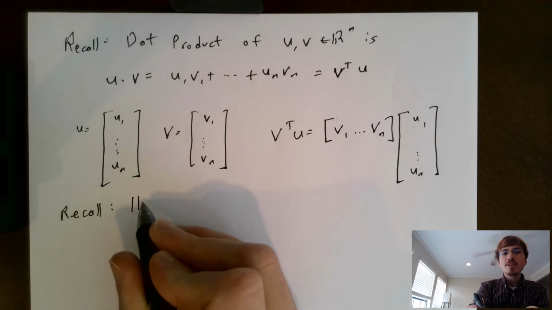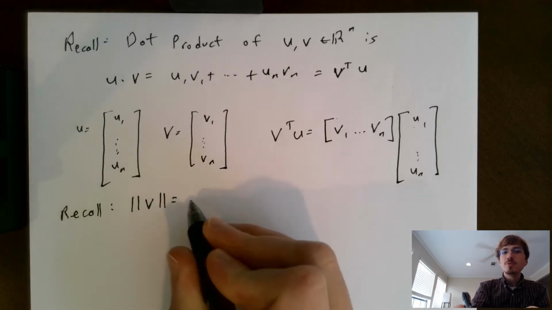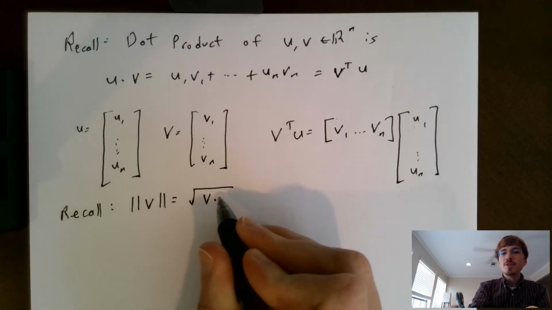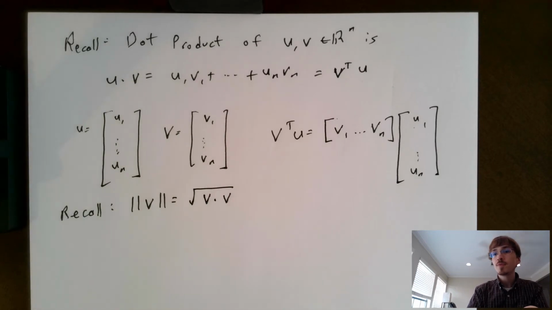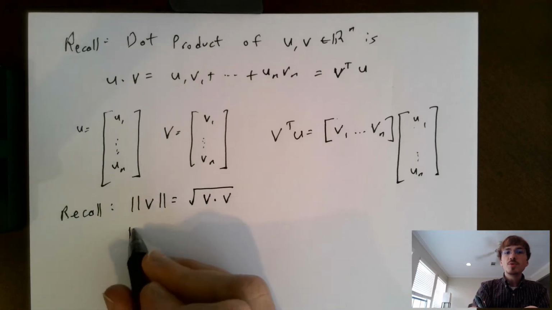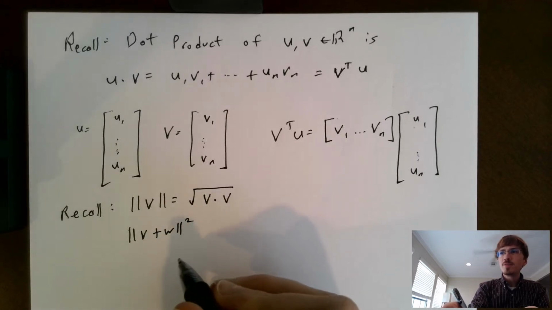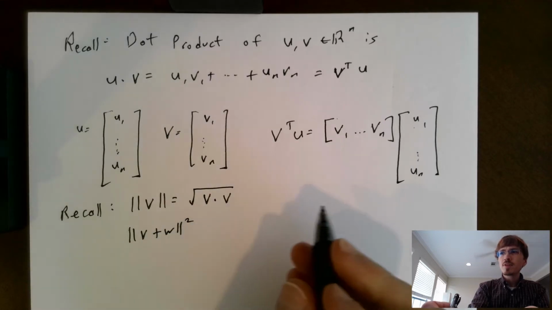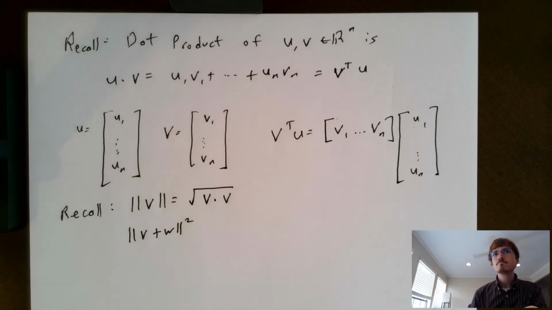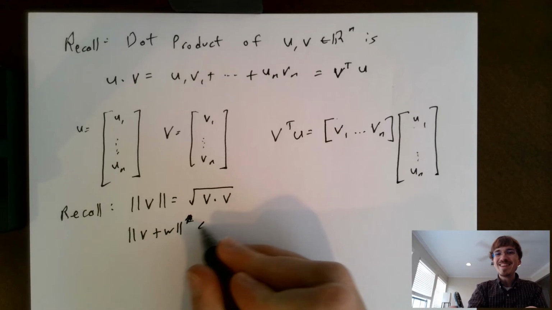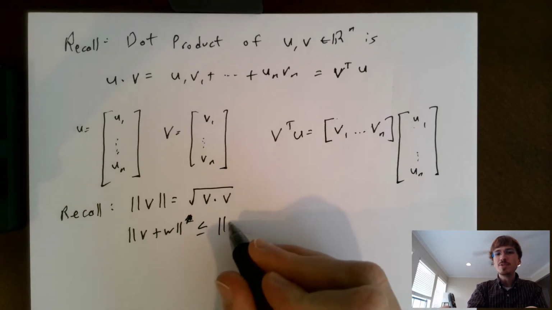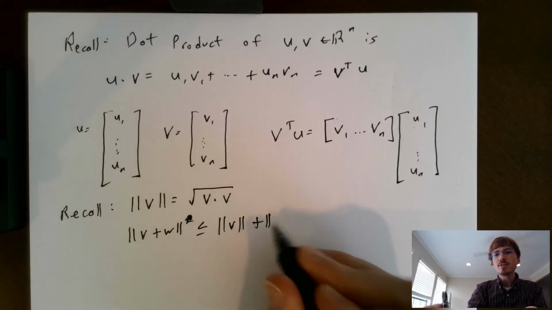Let's recall a couple of fun, easy properties of the dot product. We know that the magnitude of v can be given by the square root of v dot v. And we also know that the magnitude of v plus w is less than or equal to the magnitude of v plus the magnitude of w.